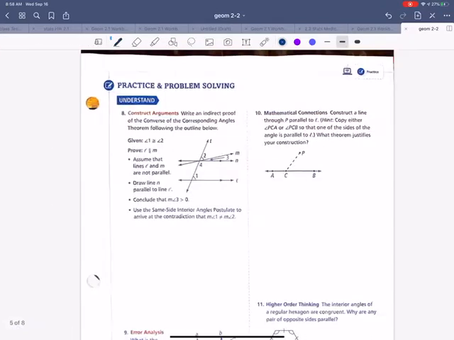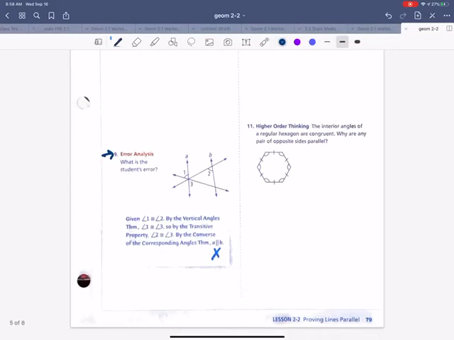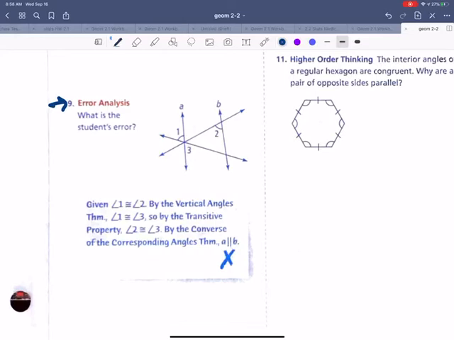Okay. So question number 9 is our first question of the homework, and it says, what is the error the student made? So here's what the student wrote. Given that angle 1 is equal to angle 2. That's just given in the picture. Okay, so given those are equal, that's good.